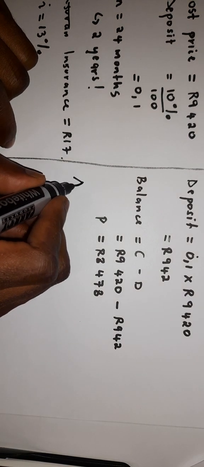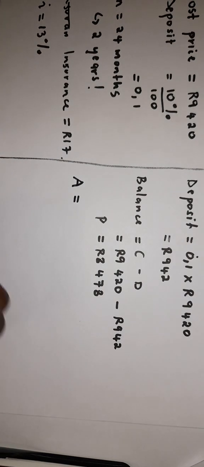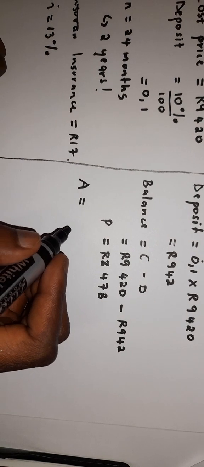Right, so this 8,478 rands is actually the principal amount, what the couch costs after paying a deposit of 10%. Now, grade 10s, the next thing that follows is to calculate how much the couch is actually going to cost in 24 months time.